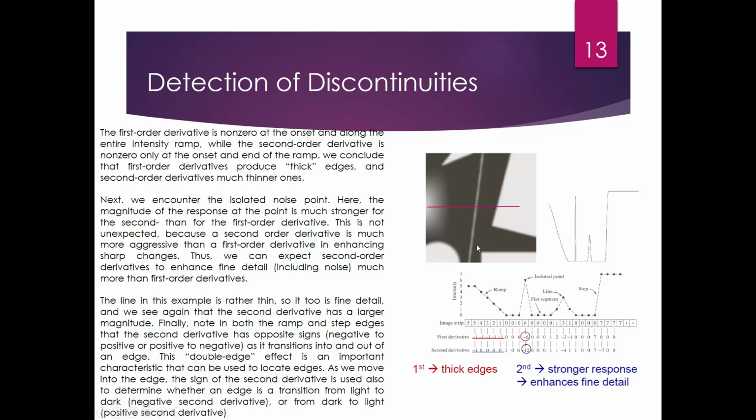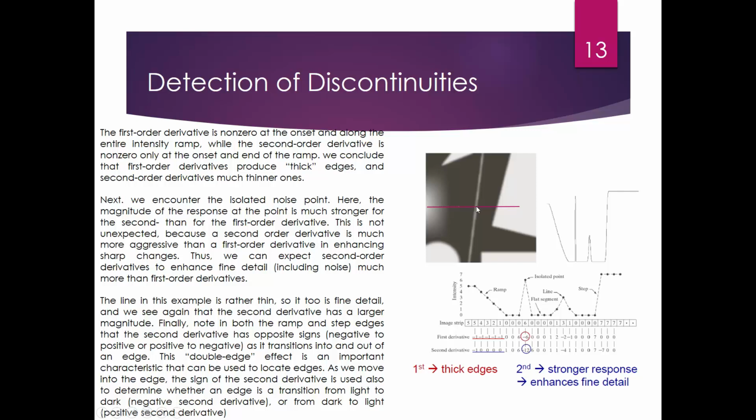Now you can see that when we are moving from a darker region to a brighter region, or from a brighter region to a darker region, the second order derivative produces two edges, while the first order derivative produces a single edge. As we can see here, when we are moving from darker to brighter, its sign changes from plus to minus.